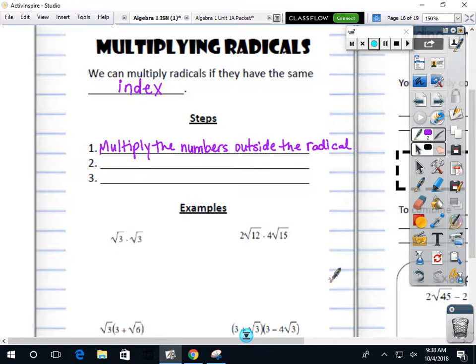Okay, so that's what you'll do first, is you'll multiply the numbers on the outside of the radical. And what are those numbers called? Starts with a C. Coefficients. So you'll multiply the coefficients together. Then after you've multiplied the coefficients together, you multiply the inside numbers, which are called the radicands.